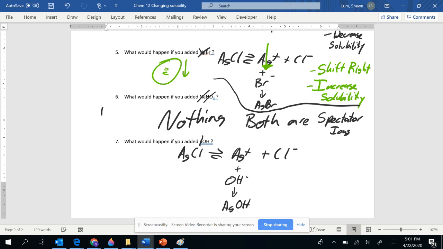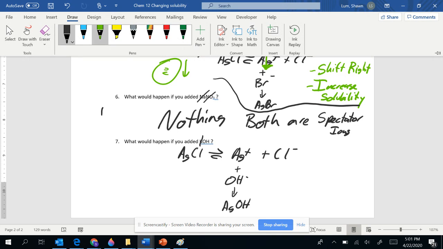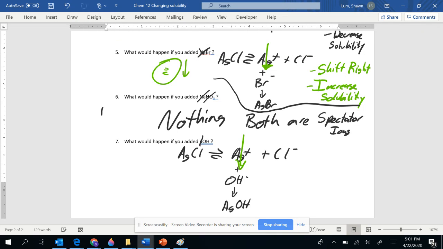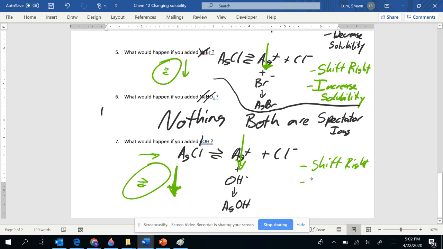What that is going to effectively do, just like our other ones, is decrease the concentration of Ag. On our steering wheel, it's going to go down right here, so we're going to be shifting to the right, and that means it's going to increase solubility.